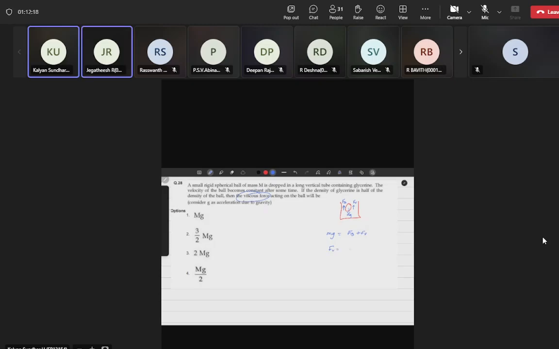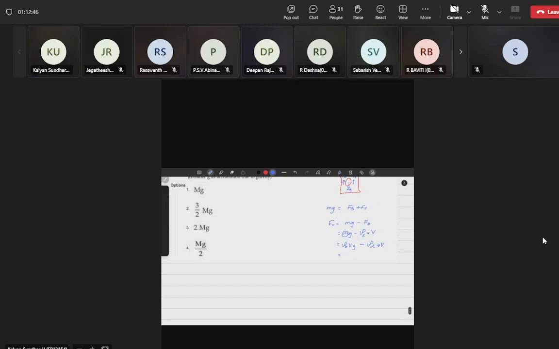So Fv will be equal to mg minus Fb. So mg I keep as it is. What is Fb? Buoyancy, rho of liquid into volume. I'm just taking the volume as v. So how can I write m? Density of the ball into v into g, minus rho of l into v.